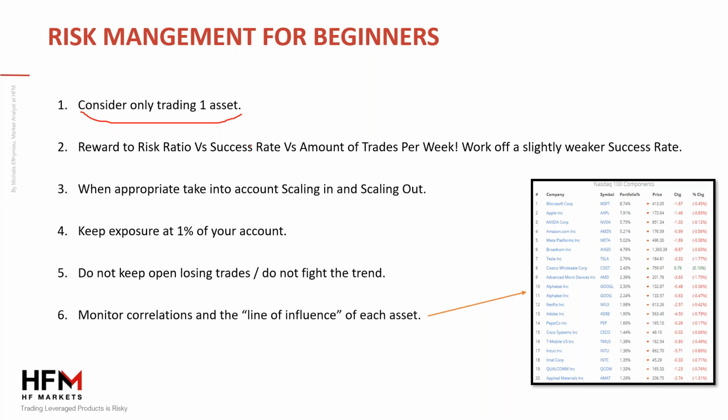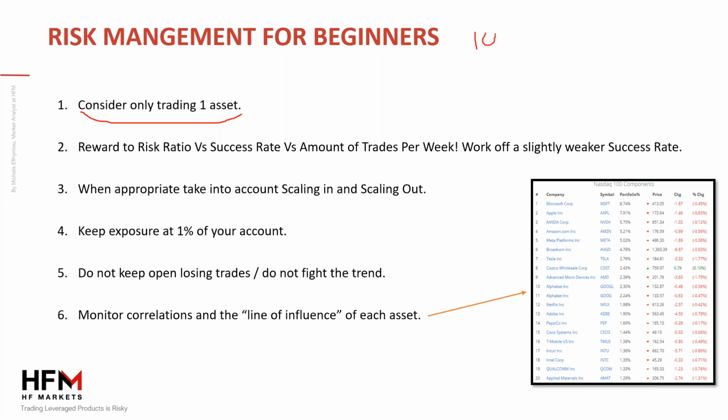Okay, this is very easy risk management. Reward to risk ratio versus your success rate versus the amount of trades you're opening per week. So always think to yourself, you're opening a certain amount of trades. You should know how many trades on average you open per week.